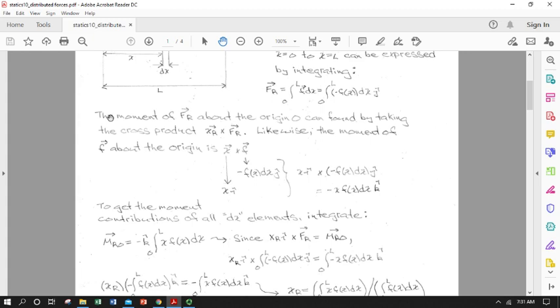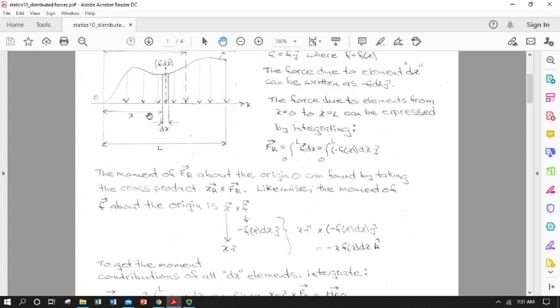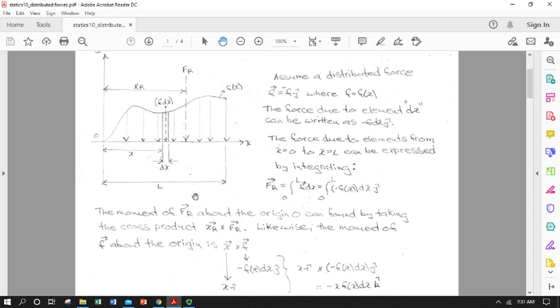Okay, if we want to look at moment due to just our big F sub r, our force resultant, once we calculate this about the origin, we just take the cross product, and it would depend on where that force resultant ended up being.